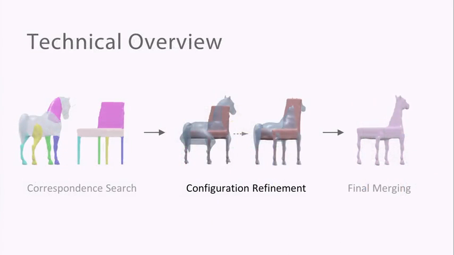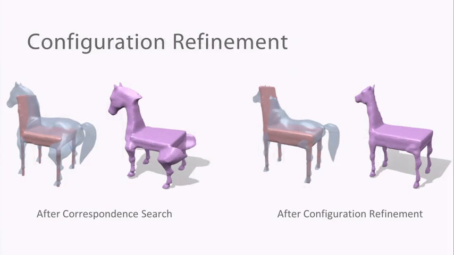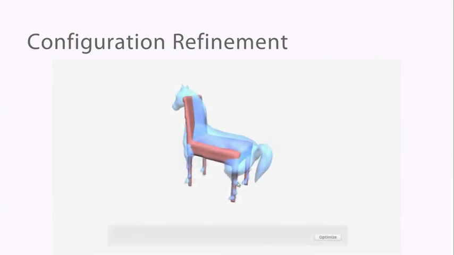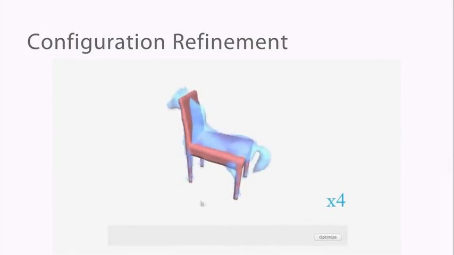And in configuration refinement, we take that rough configuration and make it better with some continuous optimization. So we use a covariance matrix adaptation evolution strategy because the energy is not differentiable.